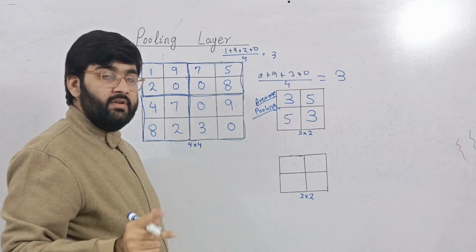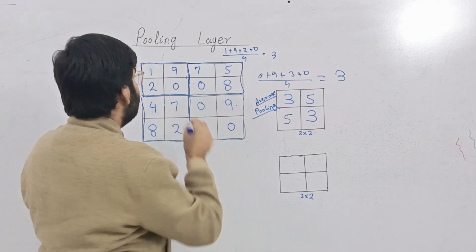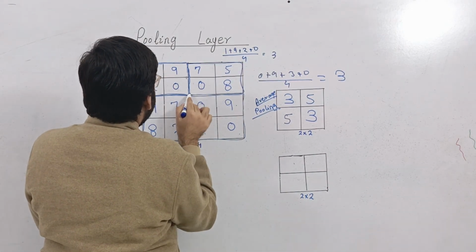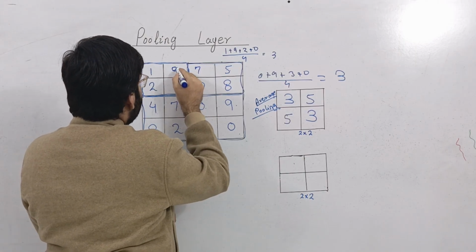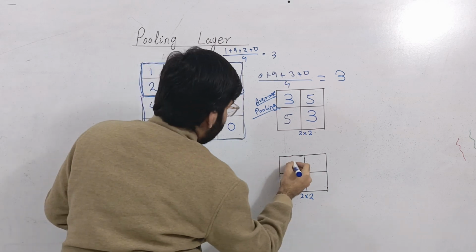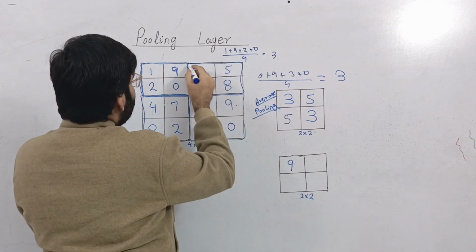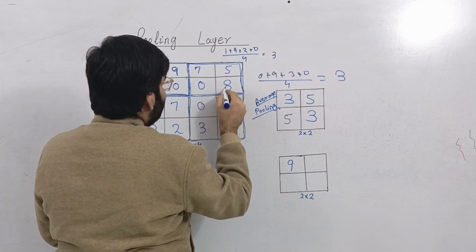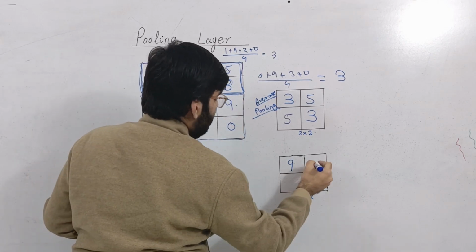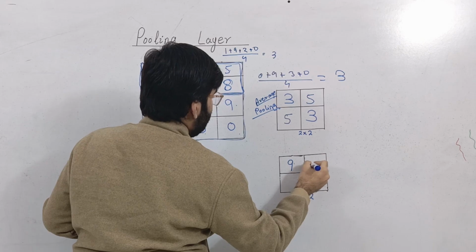Now, what if instead of taking the average, our kernel picks up the max value? When it is placed here, it takes the max of 9. So 9 is placed here. When the kernel is moved here, it takes the max 8. This 8 is placed here.